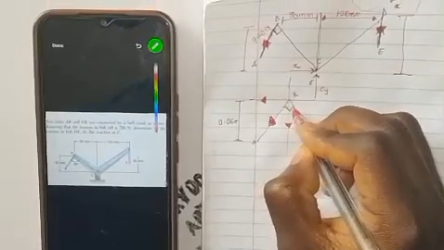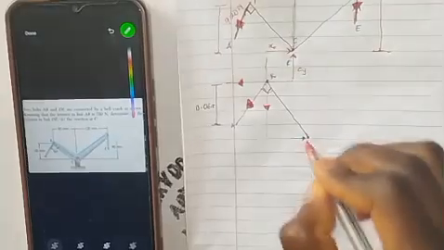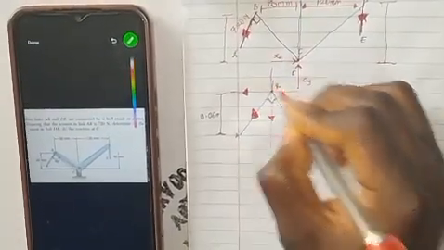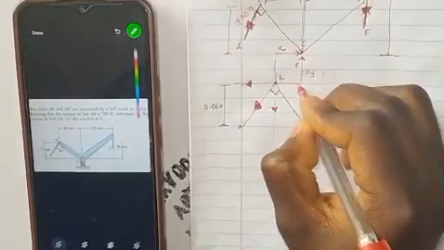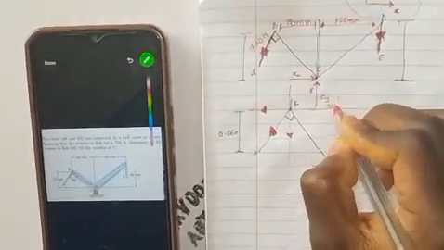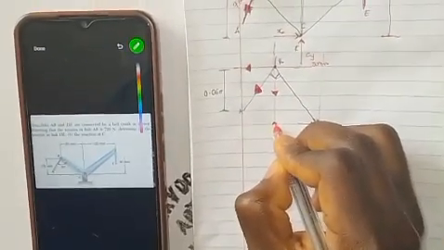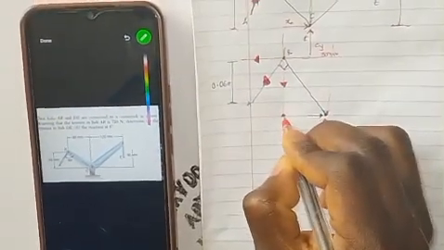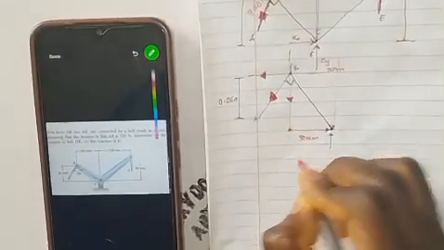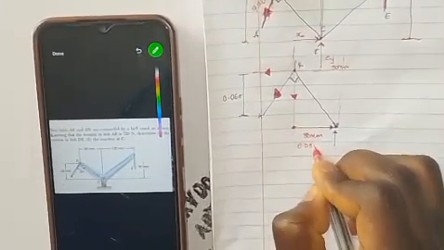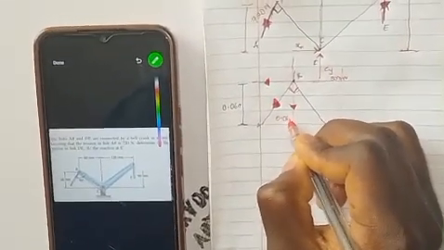From here to here is perpendicular. And we know the distance from here to this point is 80 millimeter. So that means from this ground level, this spot here, to this spot here in the downward direction is 80 millimeter, which is the same thing as 0.08 meter. And we know from here to here, this will be 0.06 meter.